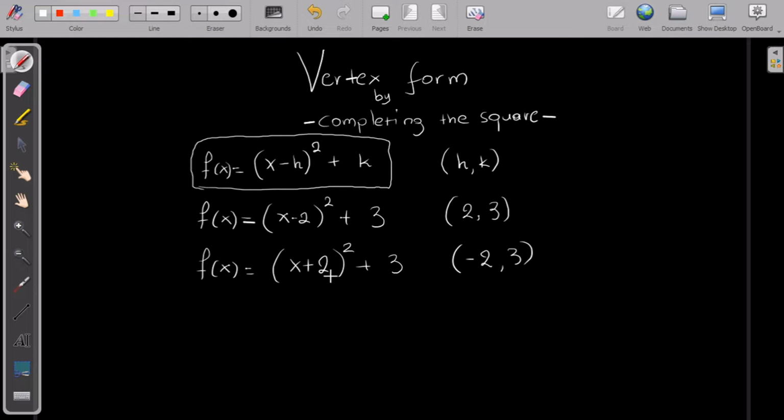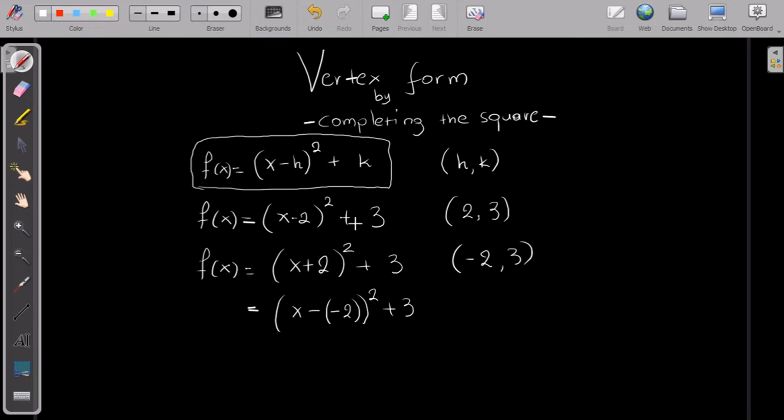Let's clarify this case a little bit. This one, so as to write it in this form, is written (x minus (minus 2)) to the power of 2 plus 3. So you see it's minus, and h is minus 2.